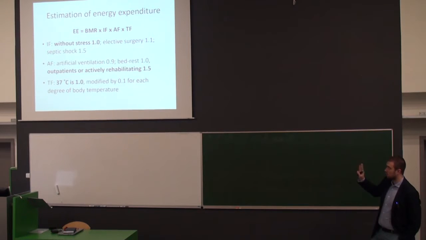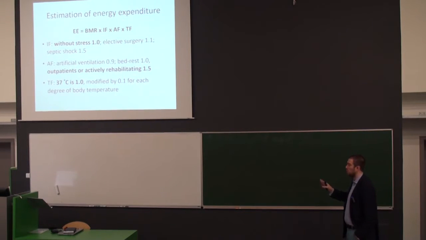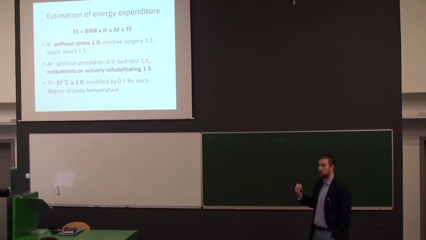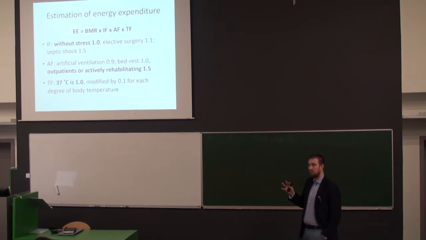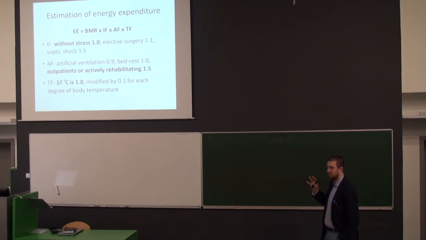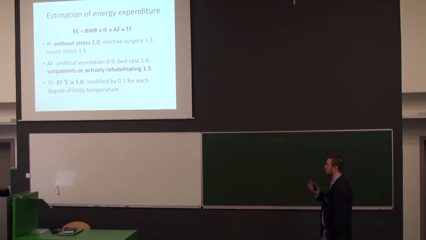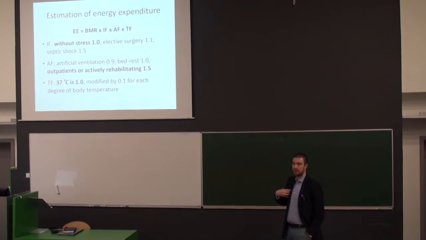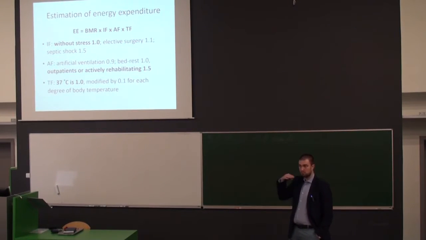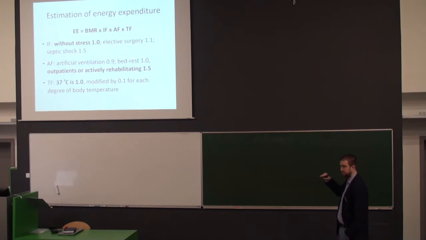This is a very quick, elegant method: in a few minutes you will know the approximate amount of energy that you must give each day to the patient when the patient is not able voluntarily to eat and not able voluntarily to say, I have hunger or I am satisfied.